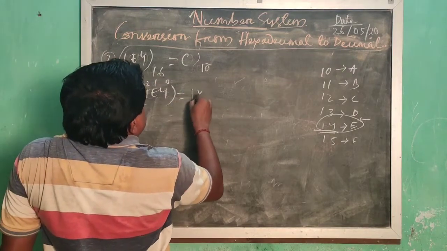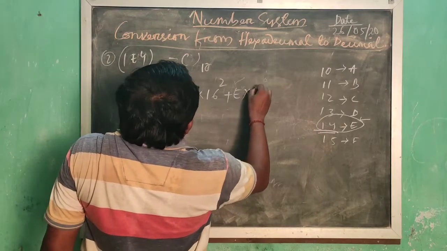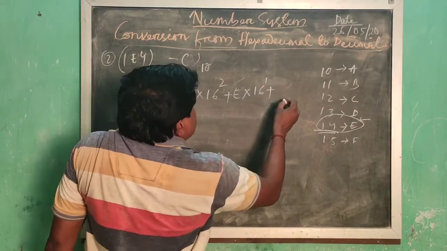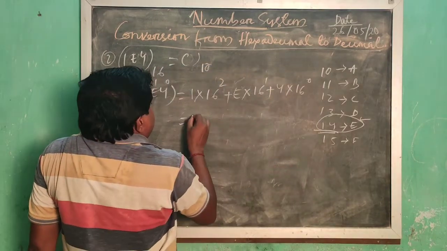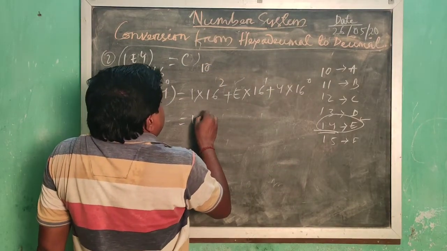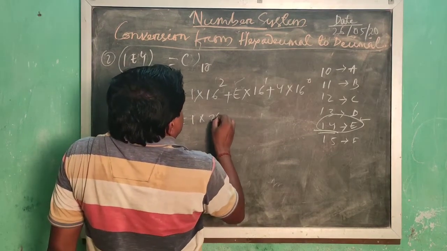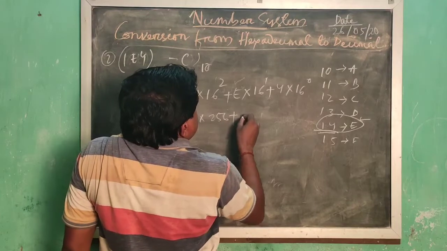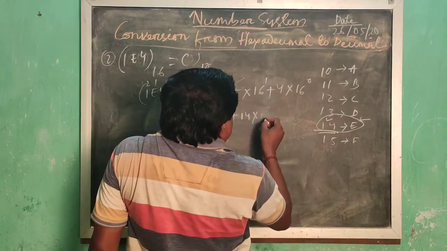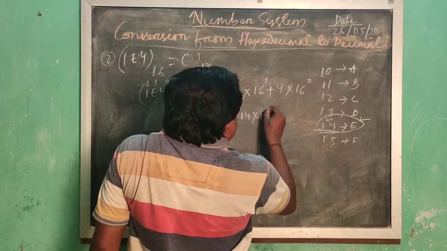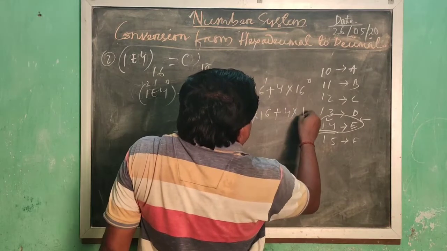Then it will be 1 into 16 to the power 2 plus E into 16 to the power 1 plus 4 into 16 to the power 0. Then 1 into 16 into 16 is 256, plus E which is 14 into 16 to the power 1, plus 4 into 16 to the power 0, which is 1.